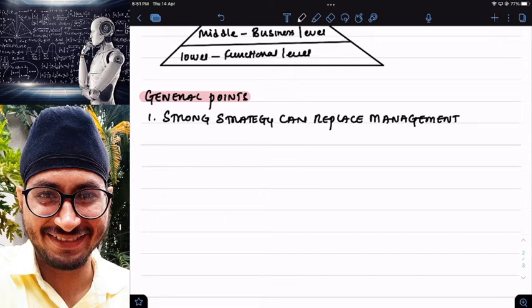It means if I have a good strategy, management is not required. True or false? Strong strategy can replace management means if my strategy is good, I don't require management. Is this statement correct or incorrect?